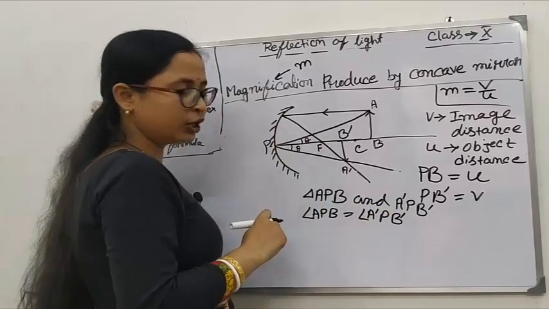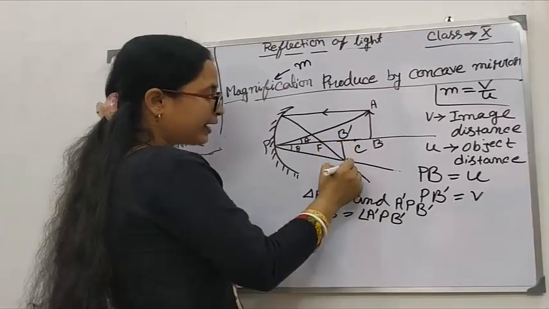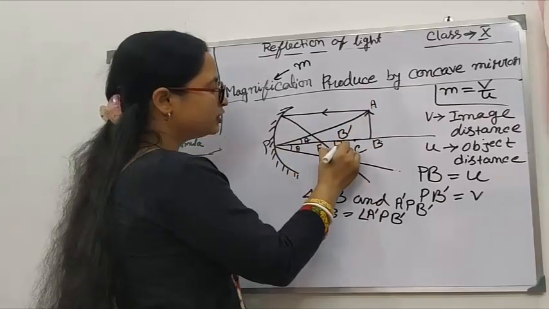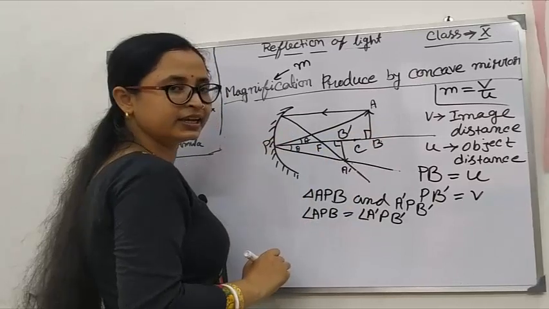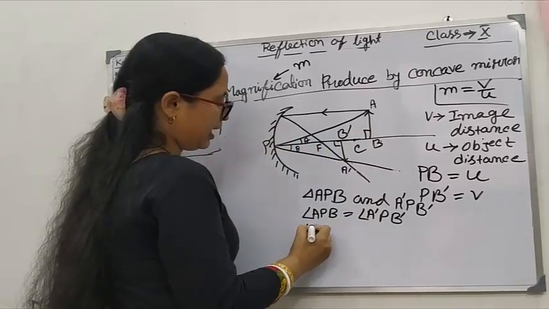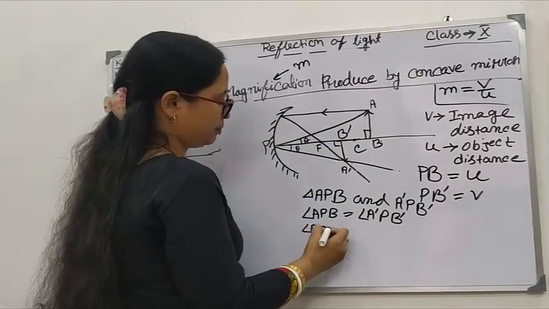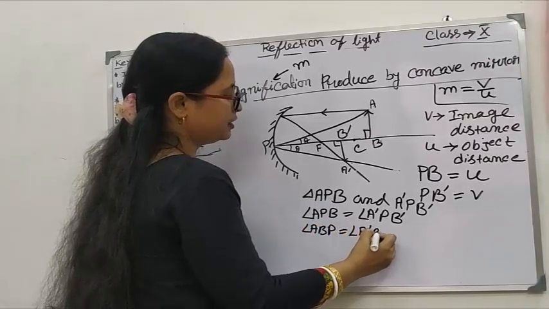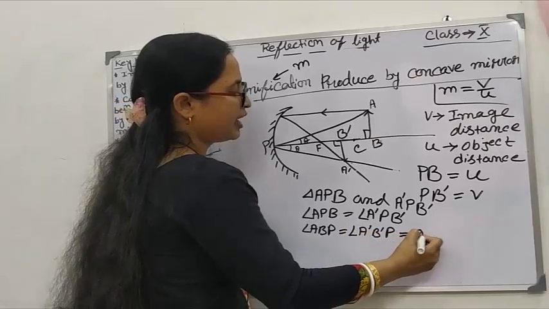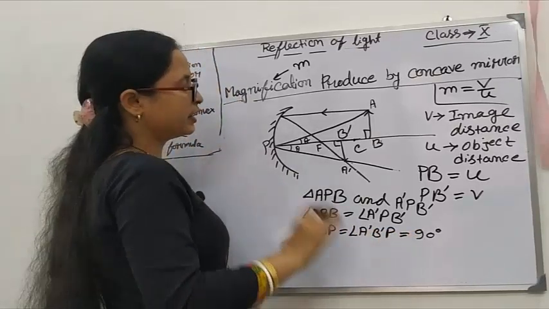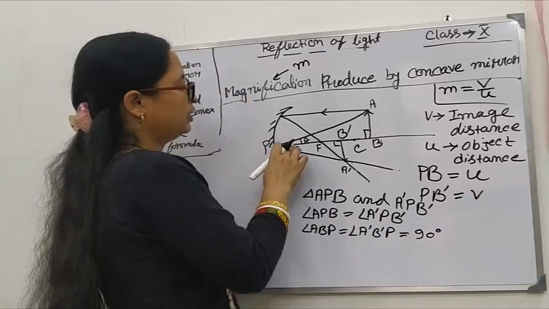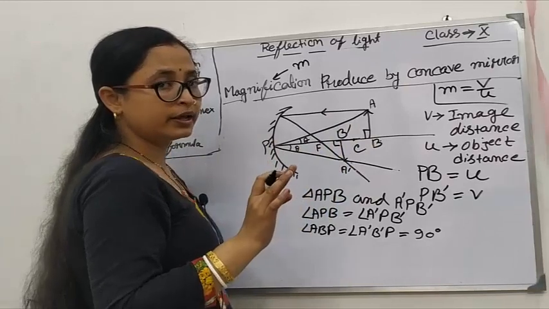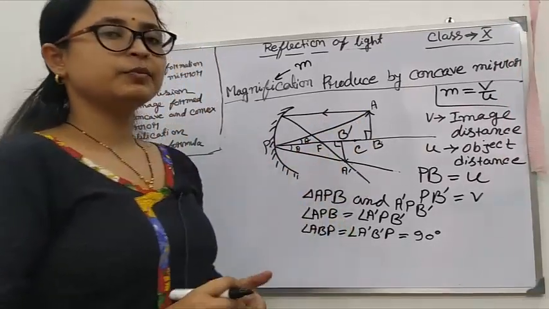Two angles are equal. Similarly, A dash B dash and AB are perpendicular. That means these two angles are 90 degrees. ABP is equal to A dash B dash P, 90 degrees. Two angles are equal. So these two triangles are similar triangles.